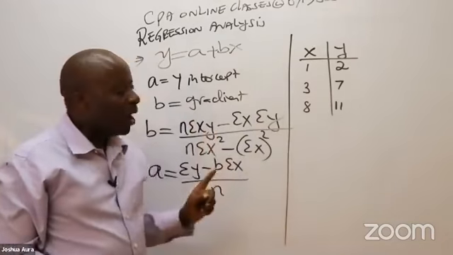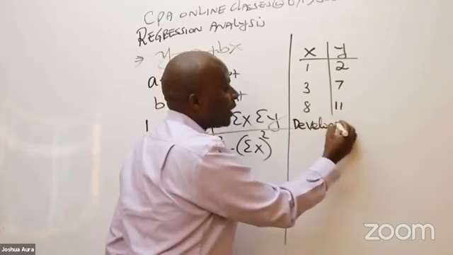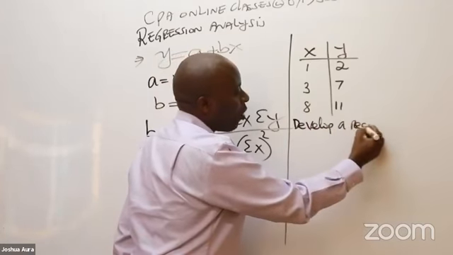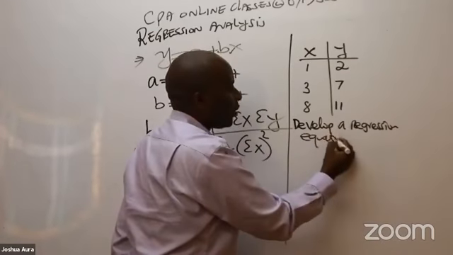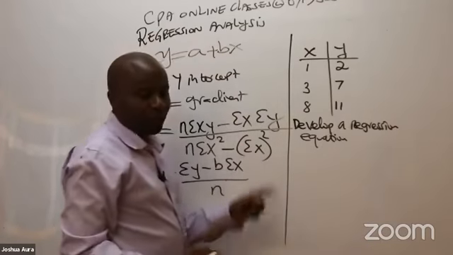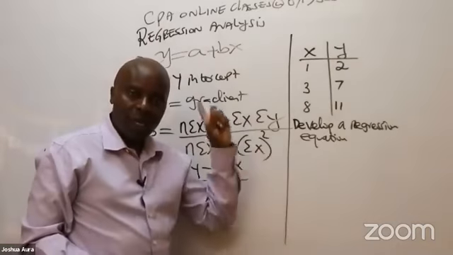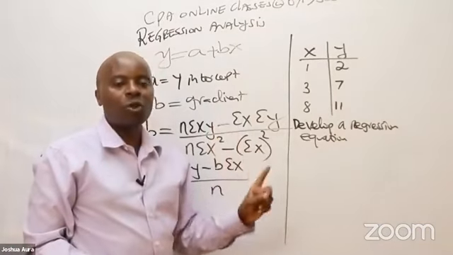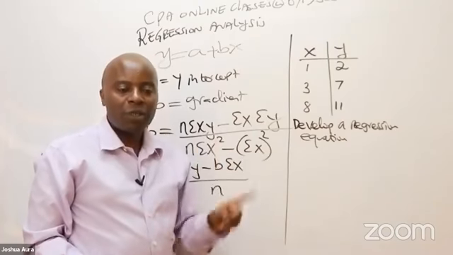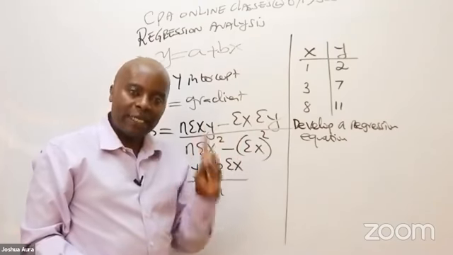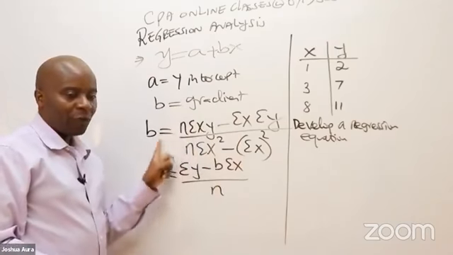Then we are required to develop a regression equation. Ladies and gentlemen, remember that regression is all about getting values of B and A. So we start with B. Remember the formula is here.